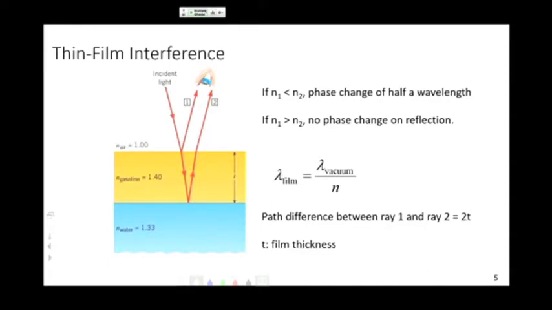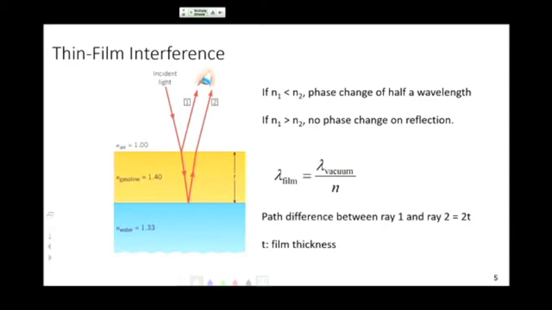You say near normal because you don't want to worry about the angle in taking into account how long this path is. If I were coming in at an angle, I should be taking cosines or sines of these angles to find that path length difference. But I'm ignoring that, and I'm saying this length is exactly longer by an amount equal to twice the thickness of the film, because it goes down and it comes up.